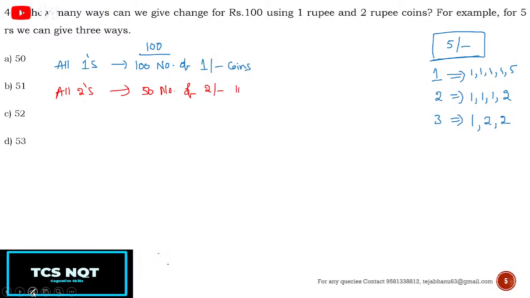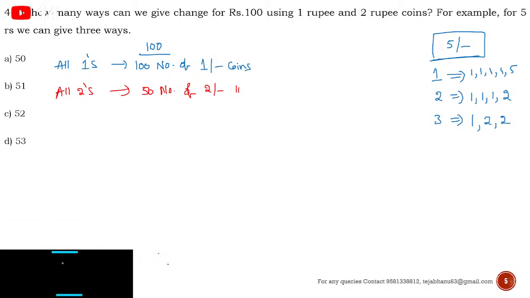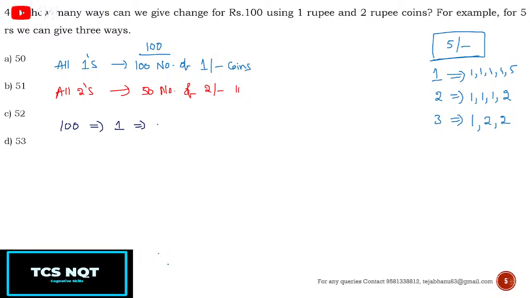And for the remaining cases, for example, in order to get 100 rupees, in the first case we can consider 98 one rupee coins and one 2 rupee coin.